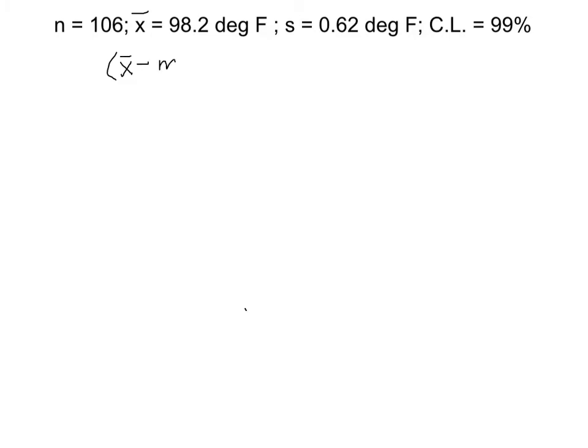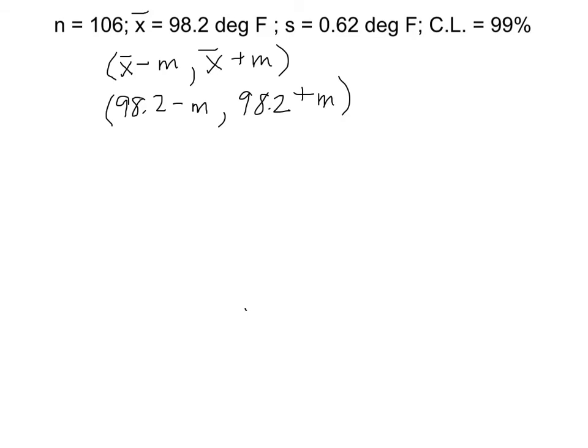We then would subtract some margin of error, and then the other side we'd add that margin of error, because we could be wrong either to the right or the left of the mean. And so we already can fill in some of this, right? We know what x bar is, 98.2. We don't know what our error is yet, but we can go get it, and that's what we'll do next. So 98.2 plus the margin of error.